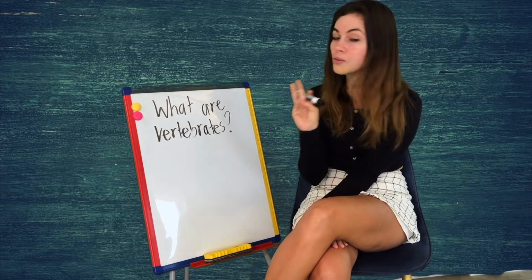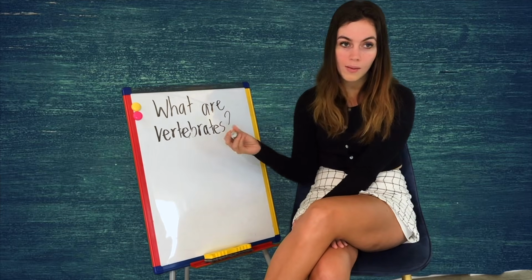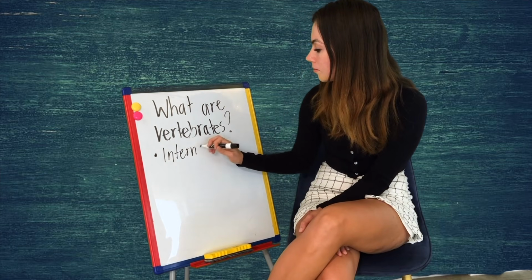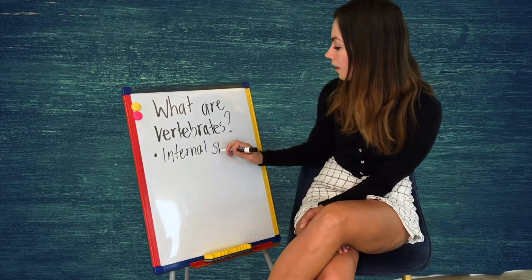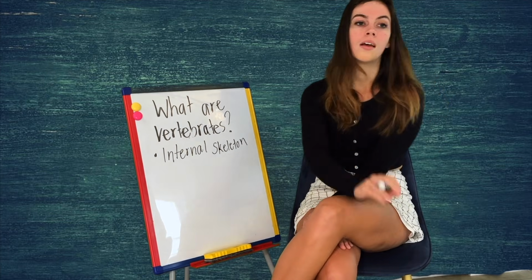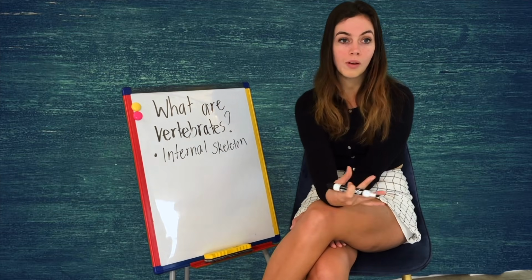Okay, yeah, so there are three main features of vertebrates, and one of them is the internal skeleton. It's inside the body, and it's made of bone or cartilage.